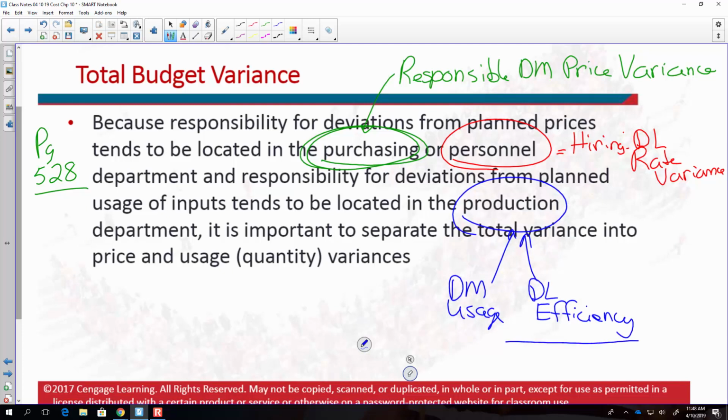So I think those are pretty self-explanatory. I think it aligns well. And the reason they're doing this is, again, for these reports, we want to report to the correct person, right? And that's the goal here, to improve our operations or improve our purchasing or improve our personnel department's hiring process. So that's the goal with these reports then, is to help with that analysis, basically. So there will be some multiple choice questions on responsibility associated with these variance computations.